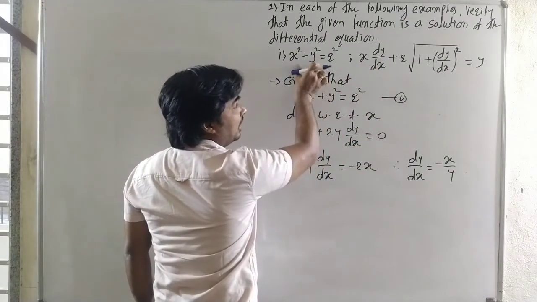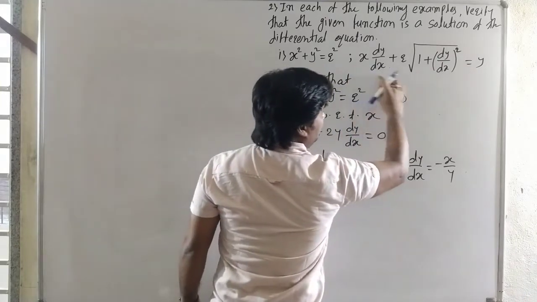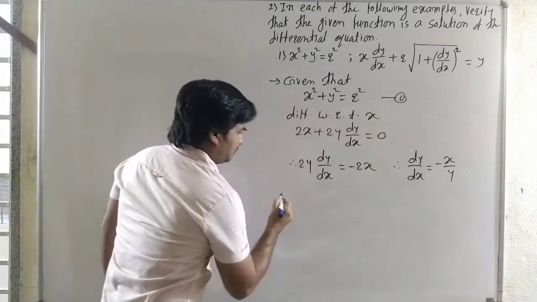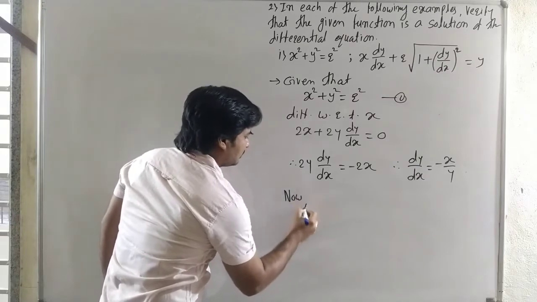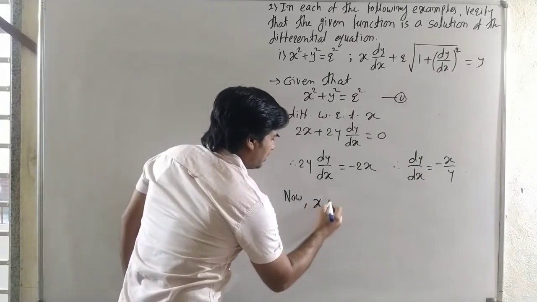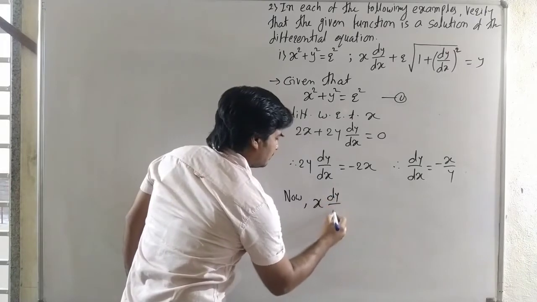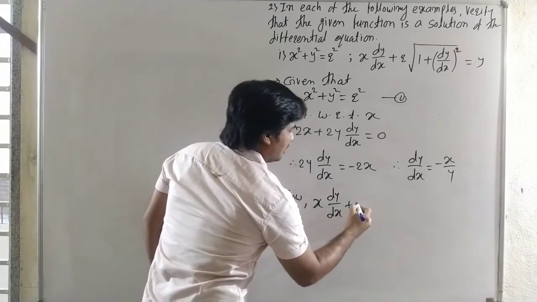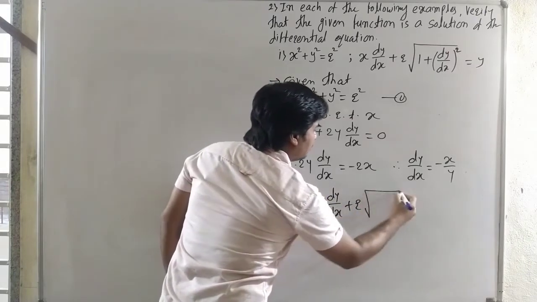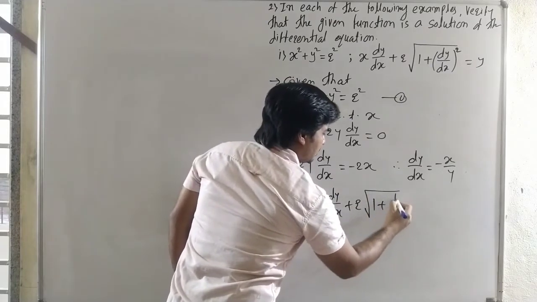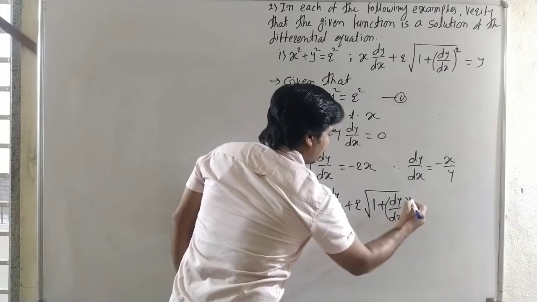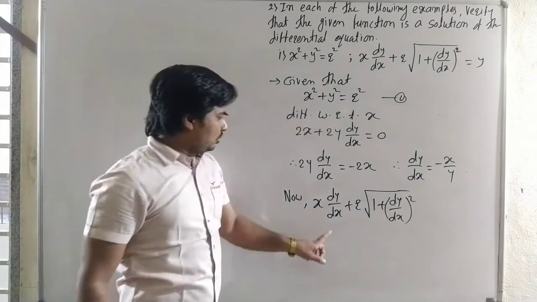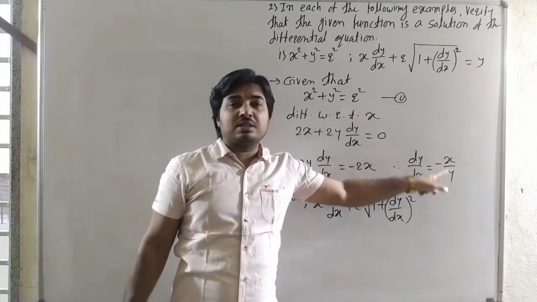Now we take the LHS of the differential equation: x dy by dx plus r into the square root of (1 plus (dy by dx) whole square). We know the value of dy by dx is minus x by y.